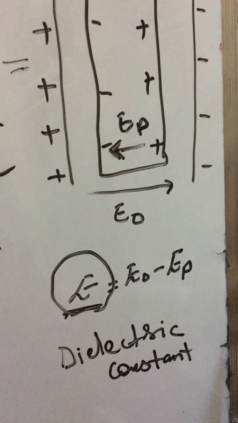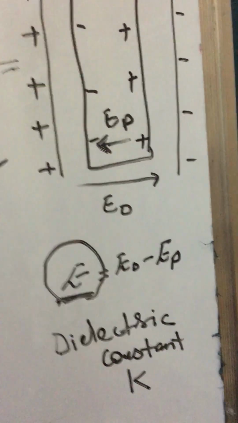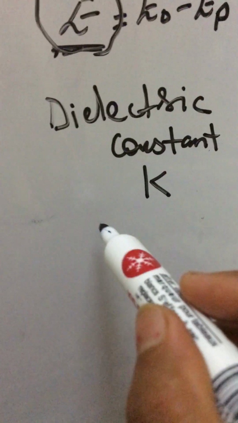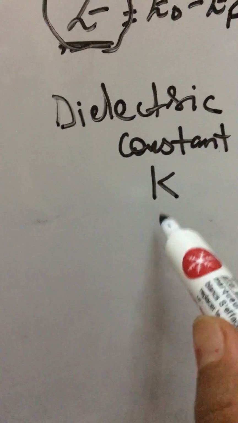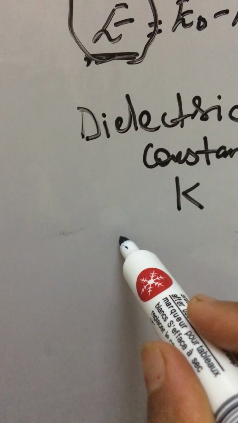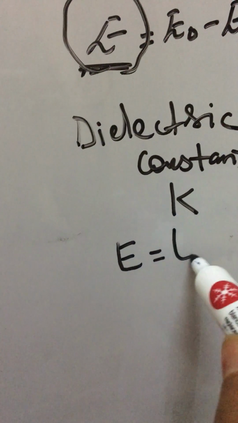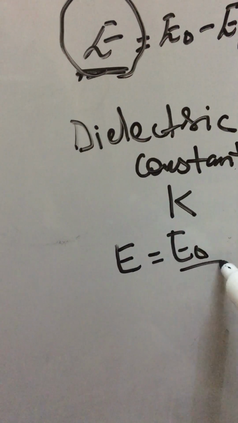To talk about the dielectric property of the material, it is denoted by K. Now, if a dielectric is kept, then within the dielectric, the electric field gets reduced by K times.